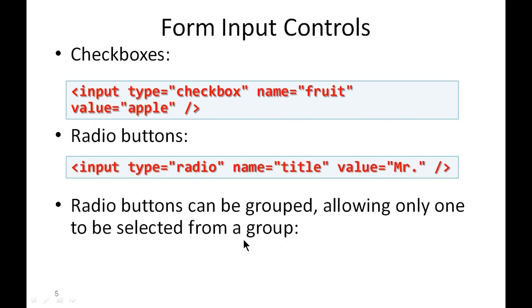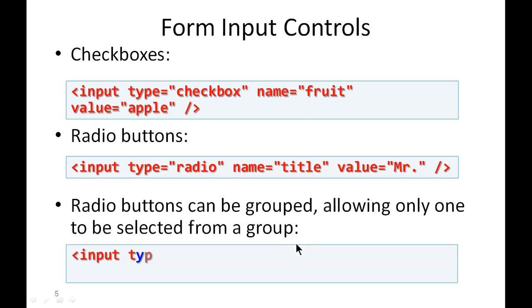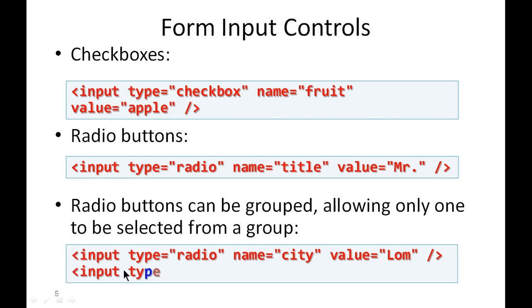Suppose you cannot select all the 5. So this is the code for that. Input type is equal to radio, name is equal to city, value is equal to loam. This is for example purpose. Then again, input type is equal to radio, name is equal to city, value is equal to rules.